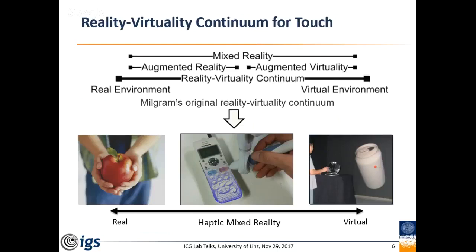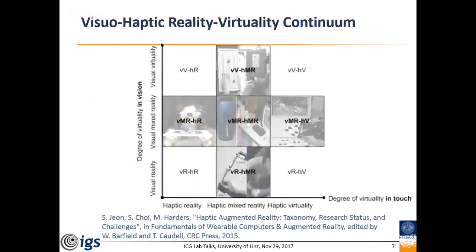And thinking of this as two dimensions, so one is haptic mixed reality and the other is visual mixed reality. Together with colleagues, there was this idea that you can maybe think of a Visuo-Haptic Reality-Virtuality continuum, extending this idea of Milgram, that on one axis we have the touch sense, and on the other axis we have the vision sense.